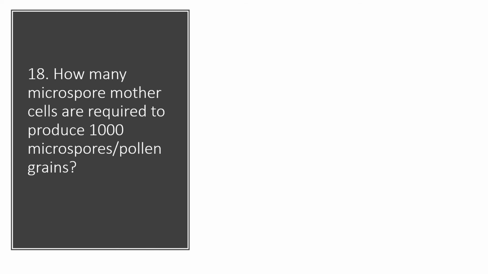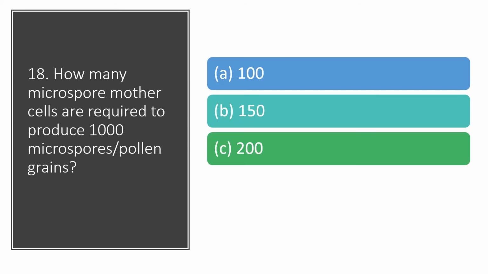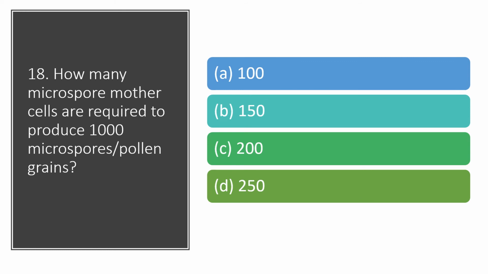Coming to question number 18. How many microspore mother cells are required to produce 1,000 microspores or pollen grains? The options are 100, 150, 200, 250. Here we know the concept: one microspore mother cell gives rise to 4 microspores. But here they asked how many microspore mother cells are required to produce 1,000 microspores.